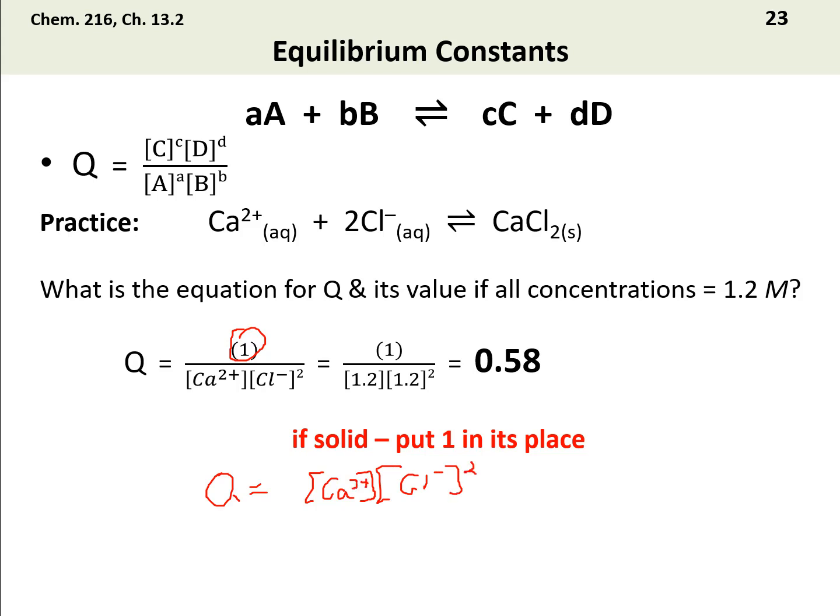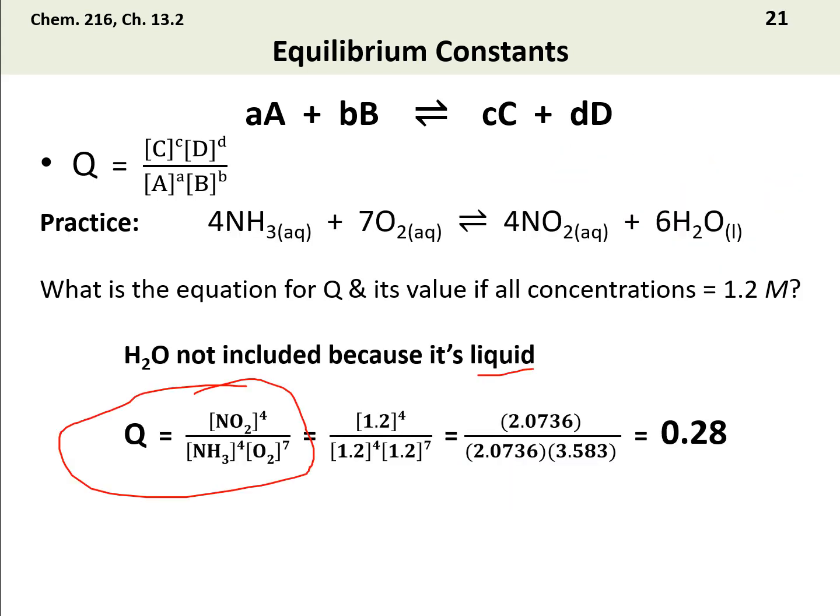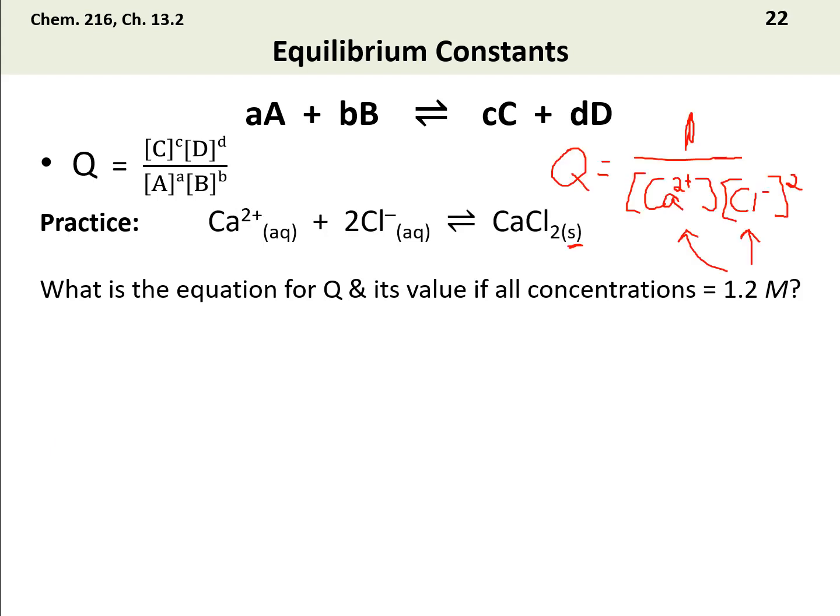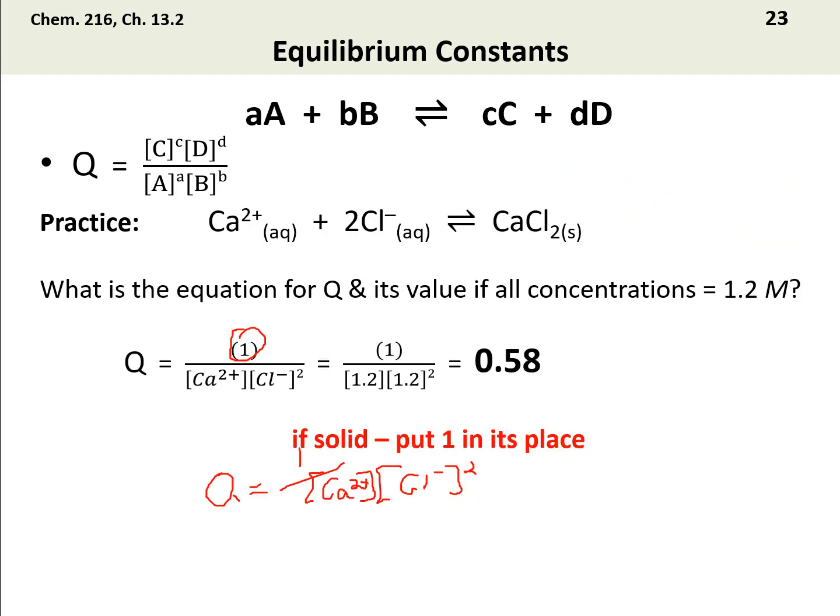But no, this 1 here means that those 2 ions, calcium and chloride, are in the denominator, on the bottom. Notice how in that previous one, it wasn't as important because I had this NO2 there, so I didn't have to include a 1, because that 1 didn't actually matter. But when I only have 1 product and it's a solid, make sure you go ahead and add that.